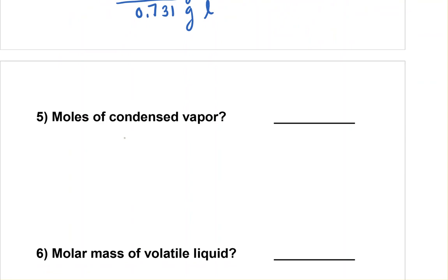This is where we get to use the ideal gas law, and we should be ready to plug in. So this is where you use this, and we're making sure we put everything in the correct units.